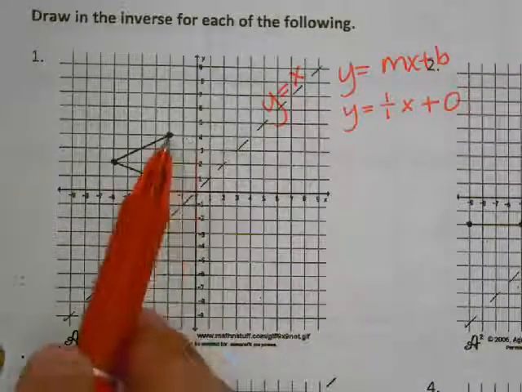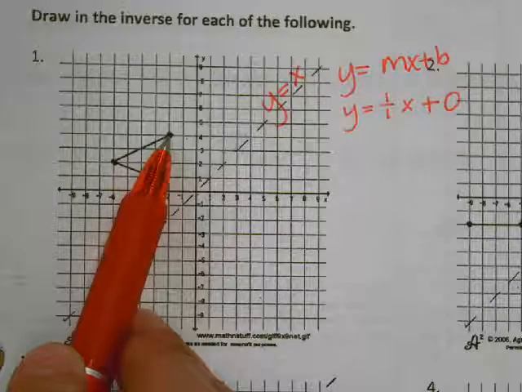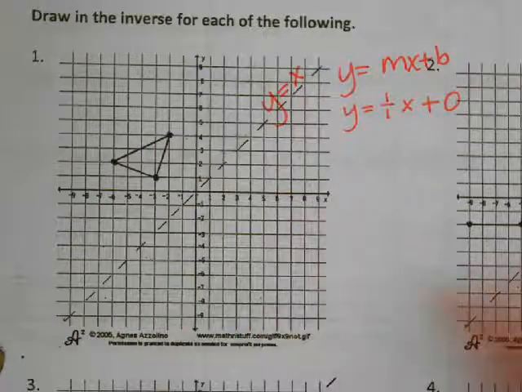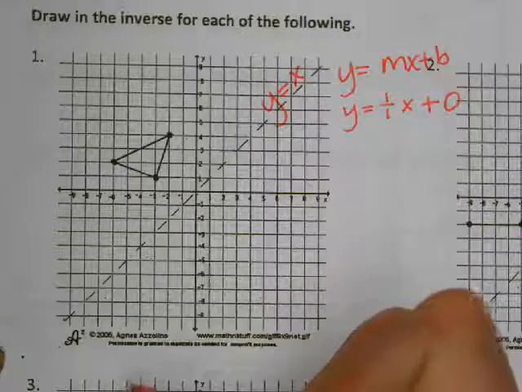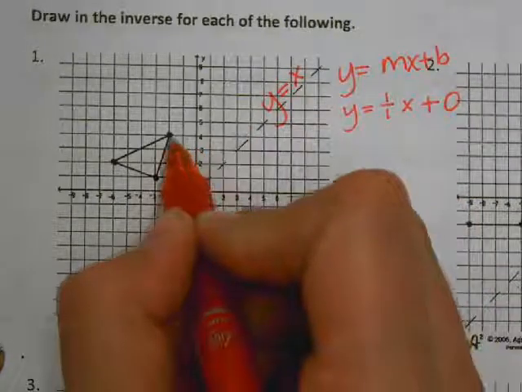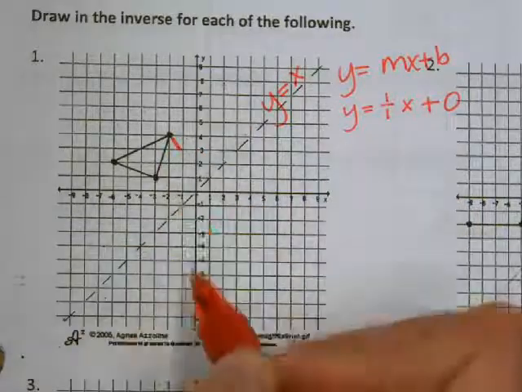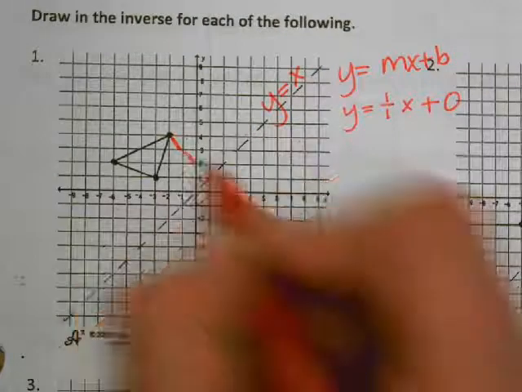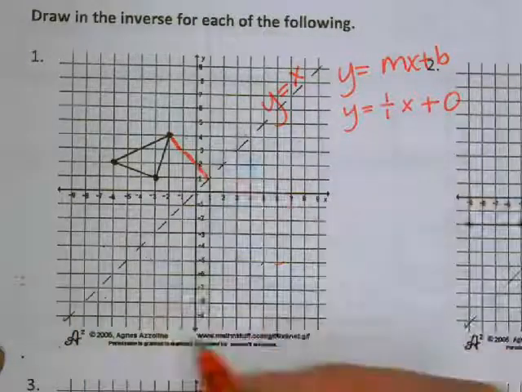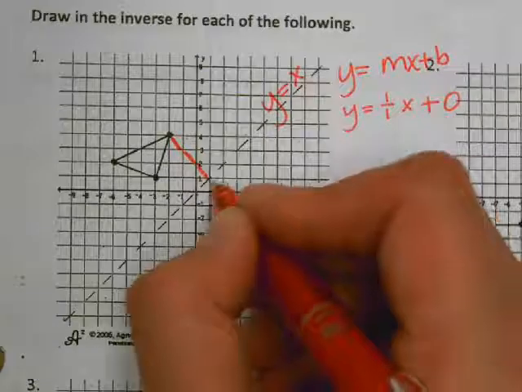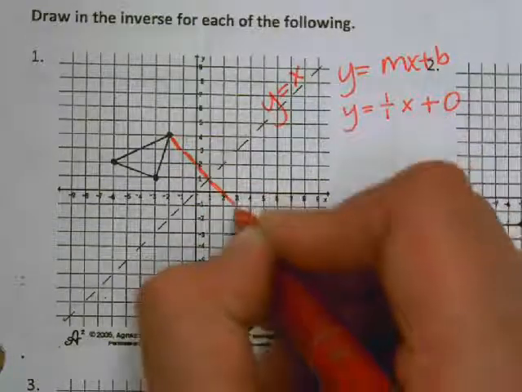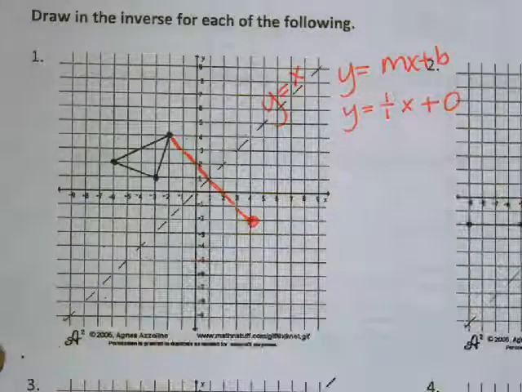So if I start with this point here, and I want to reflect it across the dashed line, I'm just going to count and see how many boxes away from the line it is. So I can count 1 diagonal box, 2 diagonal boxes, 3 diagonal boxes. And then I'll go ahead and keep going. So 1 box, 2 boxes, 3 boxes across, and there's my point.